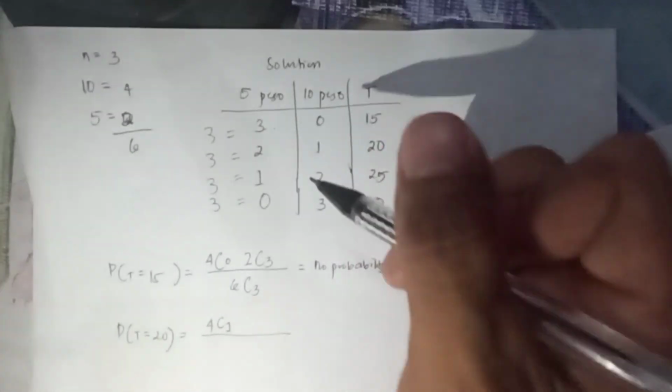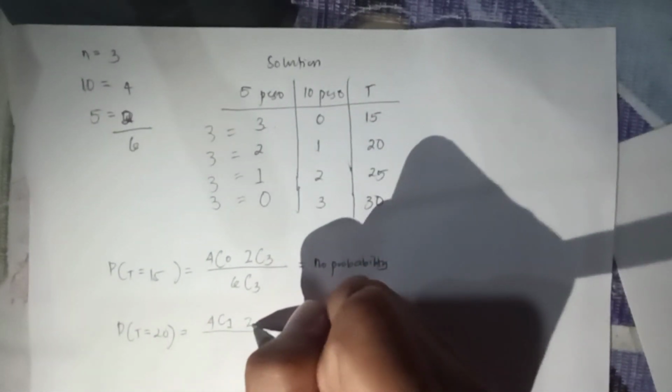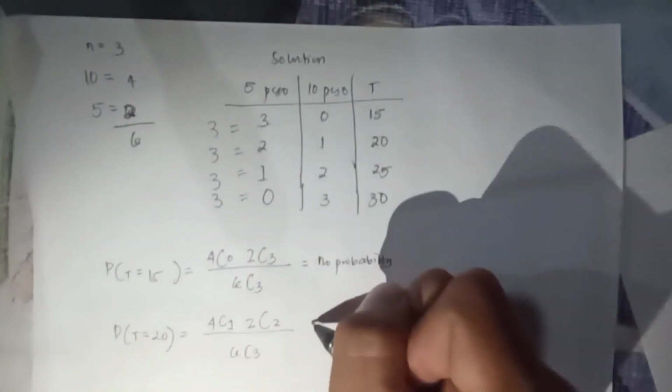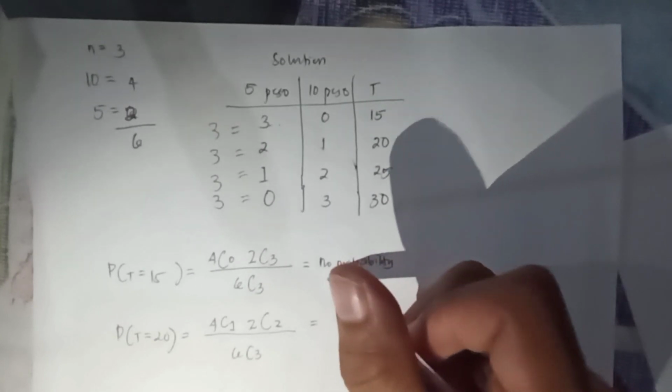And then after that, P(T = 20). Then you have 4 choose 1, because your 10 peso is 1 here, and then your 5 peso coin is 2 choose 2. So over 6 choose 3 is equivalent to 0.5.